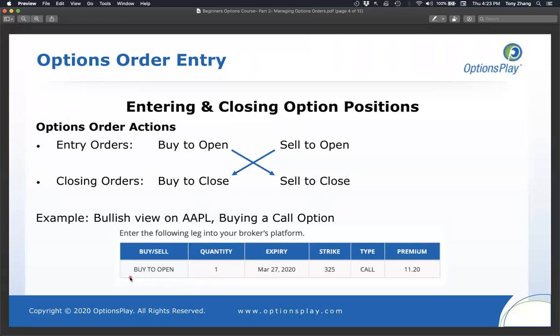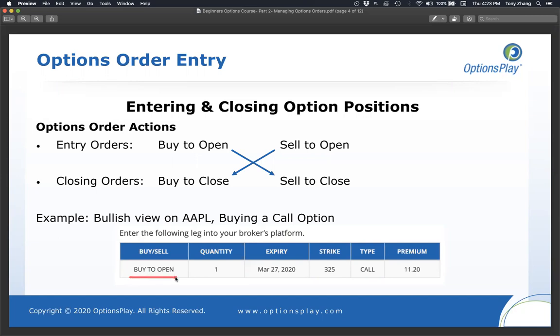And it's important to remember that when you're trading an option, there are far more things that go into order entry, which is why you really need to be careful when you're entering your orders. Because unlike a stock position where you just have buy, the symbol, the quantity, and the price that you're willing to pay, here you have six parameters that you have to enter with every options trade.